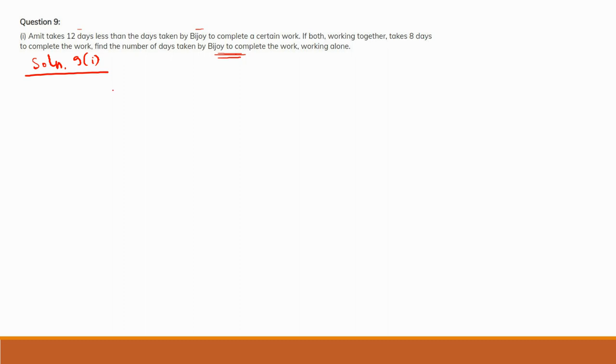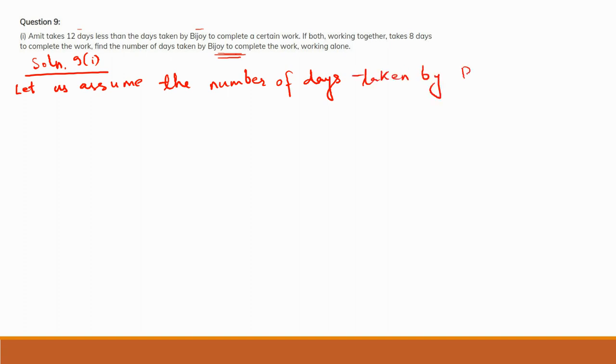Okay, first let us assume the number of days taken by Bijoy is X. Let's go with the usual process. Let us assume the number of days taken by Bijoy to complete the work alone be X days.